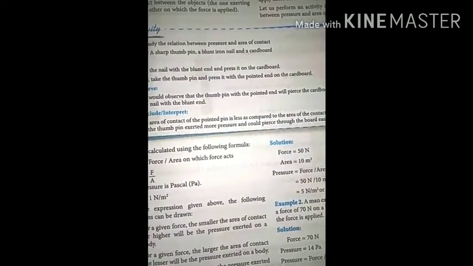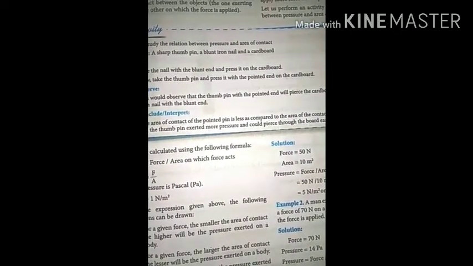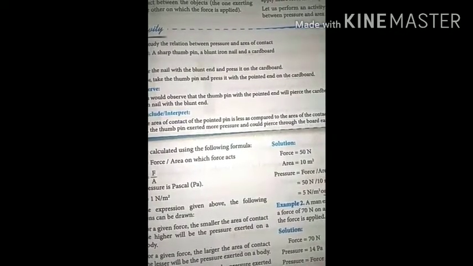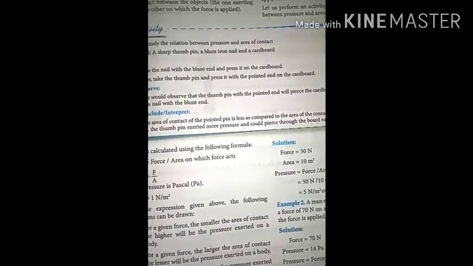When the area of contact decreases, pressure increases.